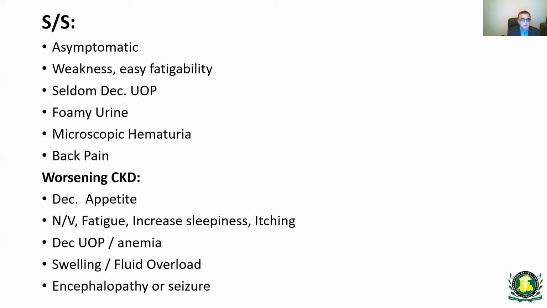Patients can also have microscopic hematuria, and some might complain of back pain. When the kidney disease is worsening, the symptoms might become more pronounced, like decreased appetite, nausea, vomiting, fatigue, increased sleepiness, itchiness, swelling, fluid overload, and then encephalopathies or even seizure.